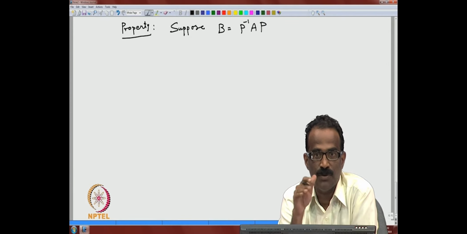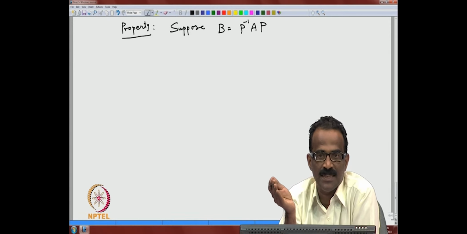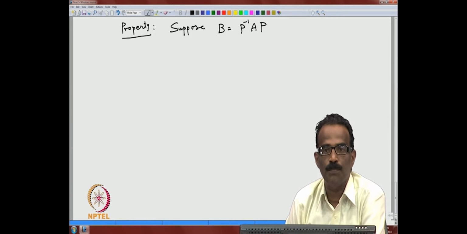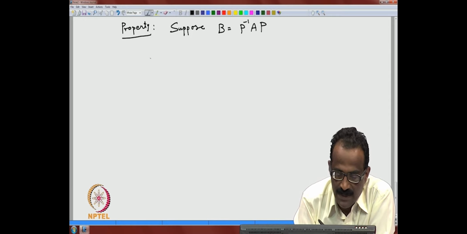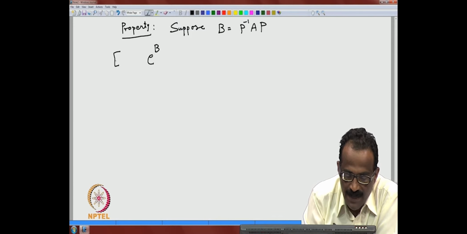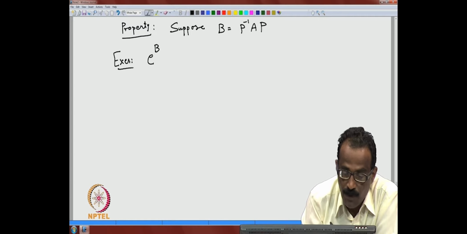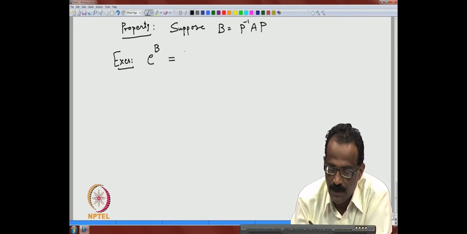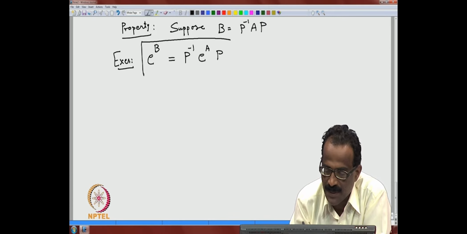It is only according to a different basis that you will have different matrices, but they represent essentially the same linear transformation. Suppose B is equal to P inverse A P, then what is e power B? I want to know. This is a simple result again; I will leave it as a small exercise for you. If you have not done these things in linear algebra, this may be the correct time to do that. This will be P inverse of e power A P, you see. So, you have a nice representation.